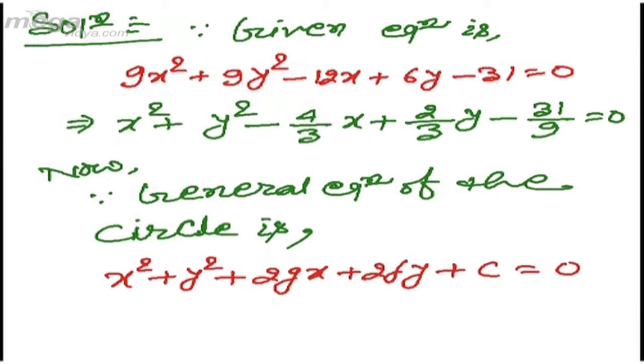Now you can see this equation is exactly in this form. So now we will compare. By comparing, you will get 2g equal to minus 4 upon 3. Then 2f is equal to 2 by 3.